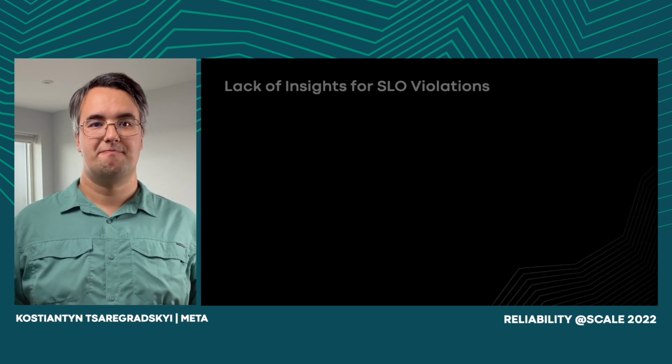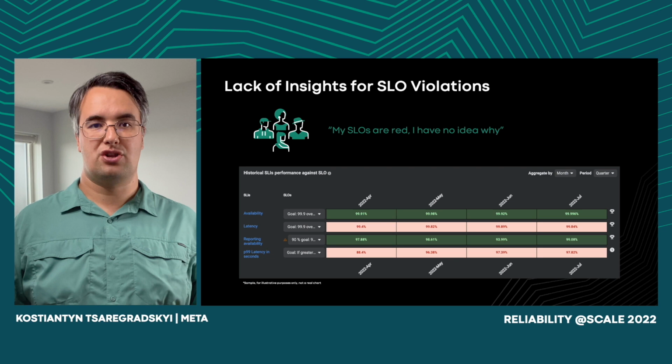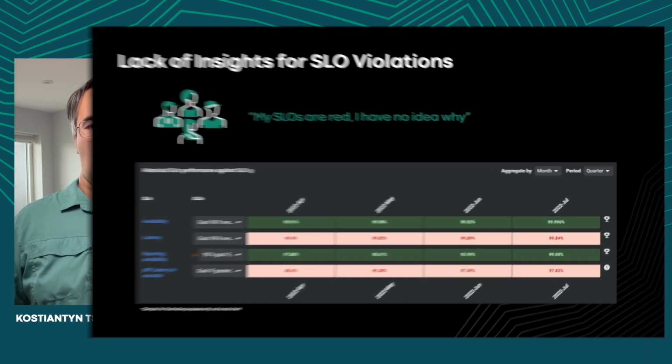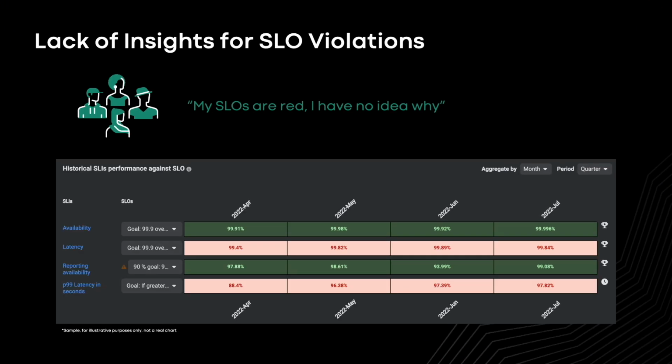As I said, the introduction of Sleek was a huge success. However, it quickly became evident that just tracking SLOs is not really enough. From user research, the Sleek team learned that service owners face difficulties in identifying the failure patterns that they need to address. And of course, Sleek as a tool would like to help people cope with that.